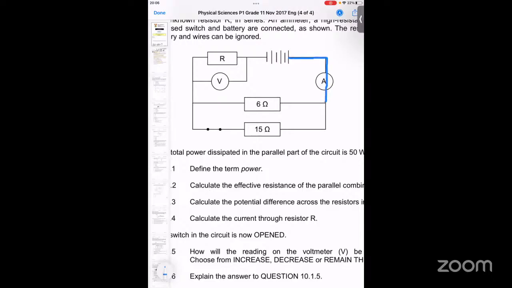When it gets there, it is definitely going to split because this is the start of a parallel, meaning some of the current will flow through that side, some of it will flow through that side. This is the split current. And then when it gets there, it flows as unsplit current. Once you understand this part, you will definitely go far, honorable members.